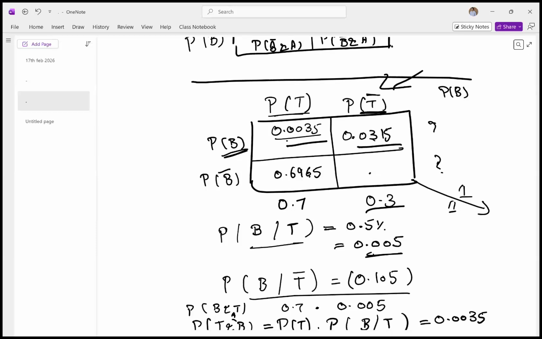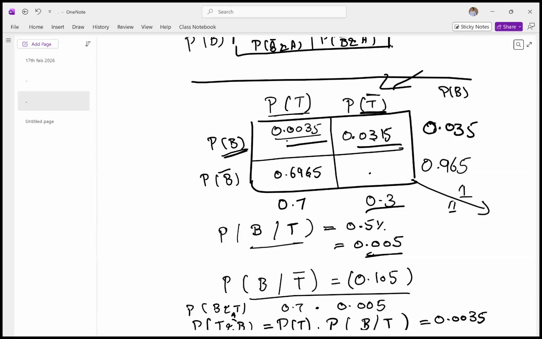Now I'm just going to start adding up the values. This plus this: 0.0035 plus 0.0315 is 0.035, and down here it is 1 minus 0.035, which is 0.965.